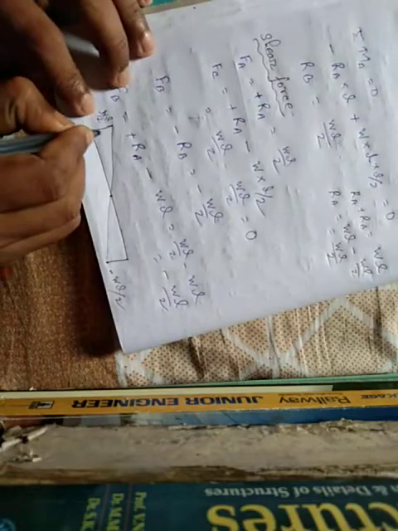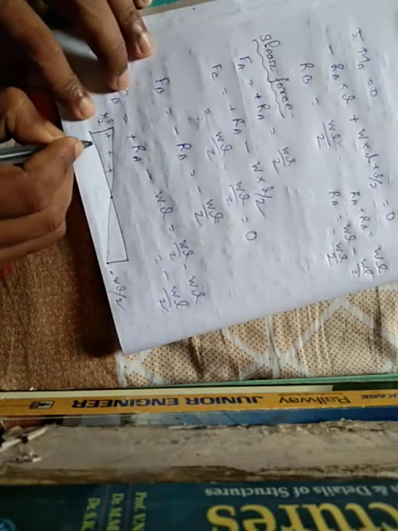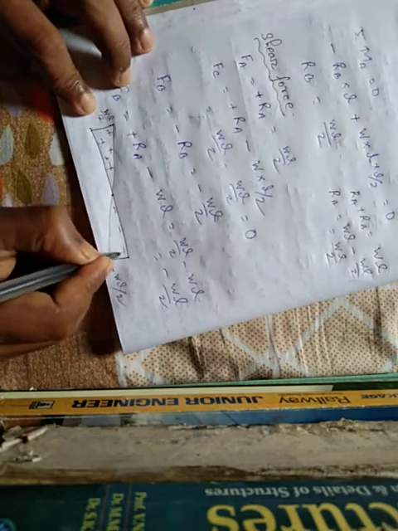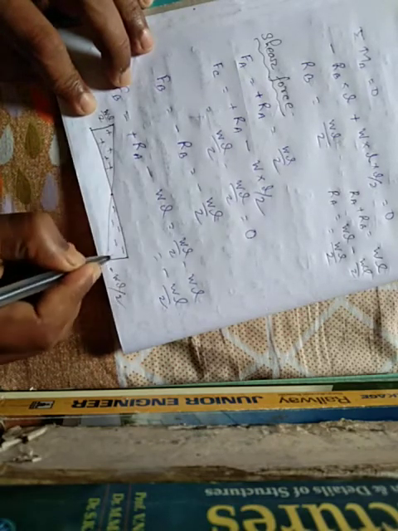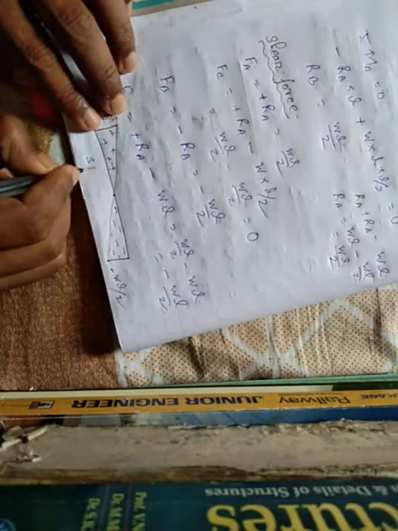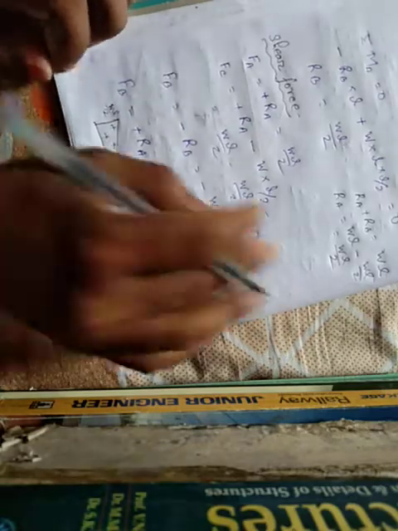This is a positive shear force and this is negative. And this is the shear force diagram. Now find out the bending moment.